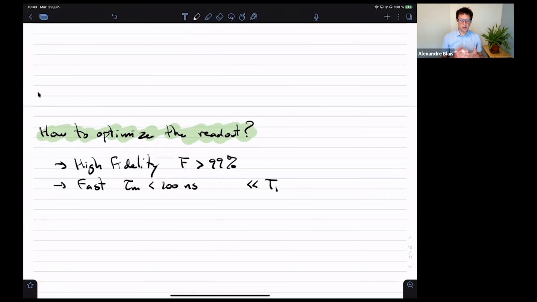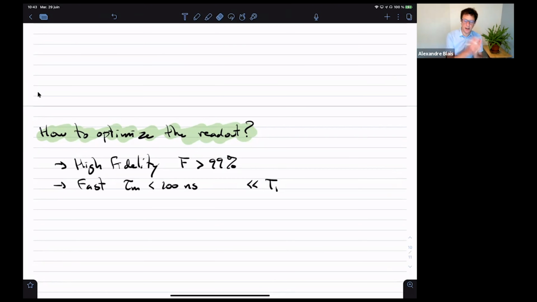Because if the measurement is a significant fraction, even just 10% of T1, then in many cases I will see spurious ground state results. If the qubit was excited during the act of measurement, the qubit will have time to relax, and I won't see the right answer.